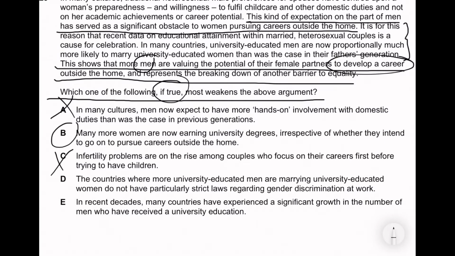Okay, had to read that a couple times. That doesn't really weaken the argument, right? It's saying that in the countries where the men are marrying the university educated women, they don't have strict laws regarding gender discrimination.